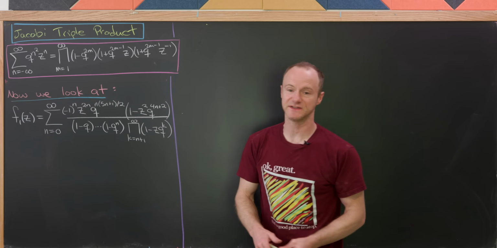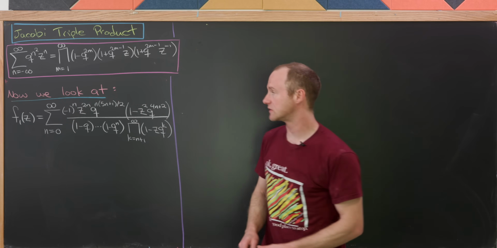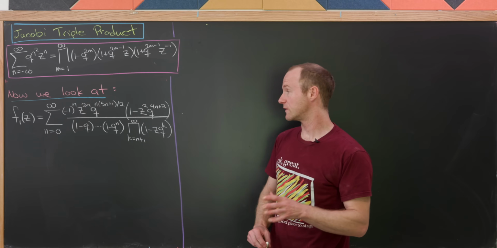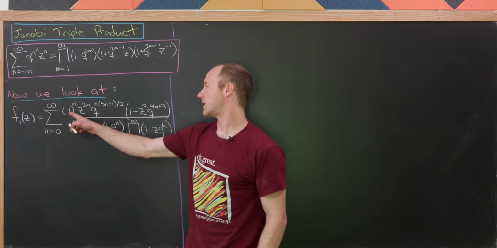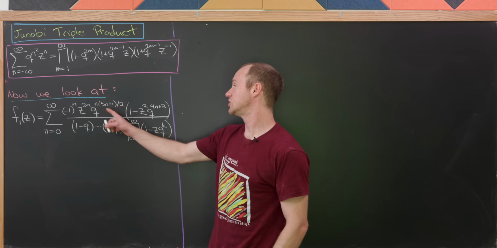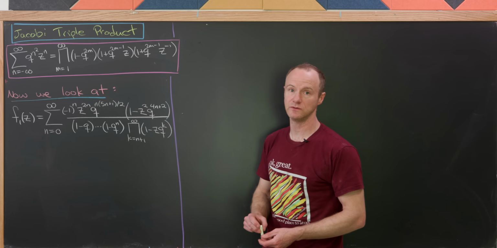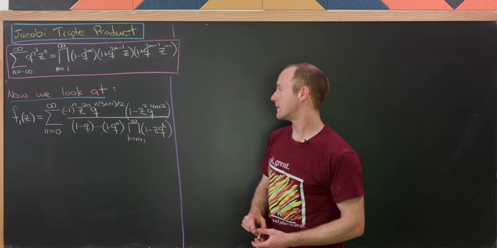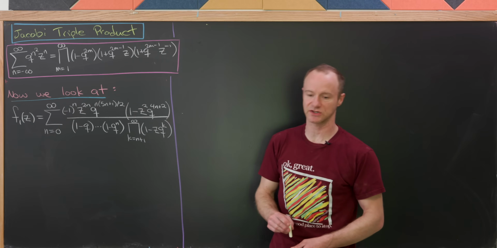It's f1 of z, and that's equal to the sum as n goes from 0 to infinity. In the numerator, we've got a lot, but let's look at just one piece at a time. We have minus 1 to the n times z to the 2n times q to the n times 5n plus 1 over 2, and that's times 1 minus z squared times q to the 4n plus 2.